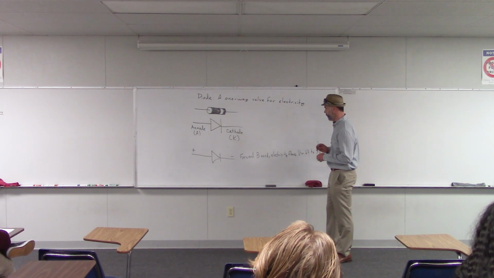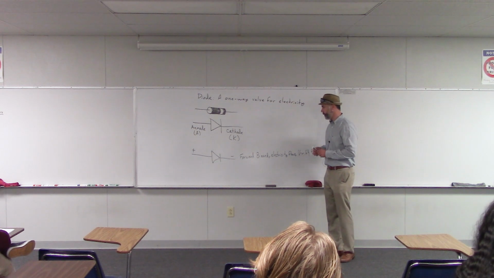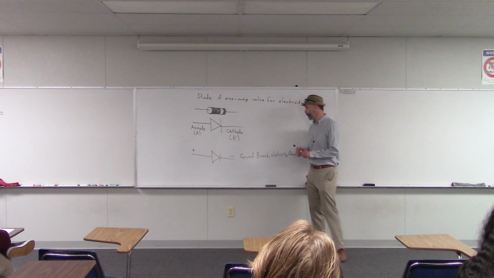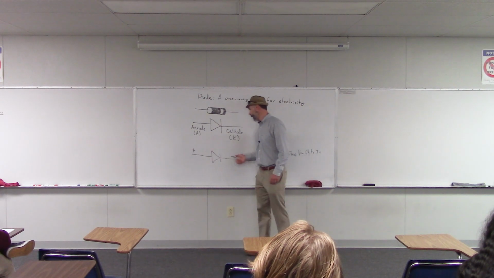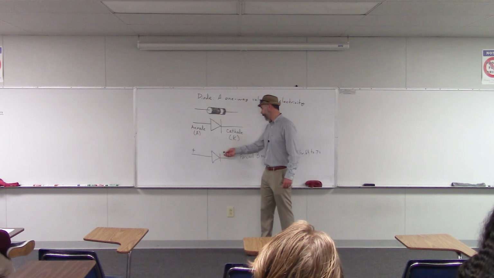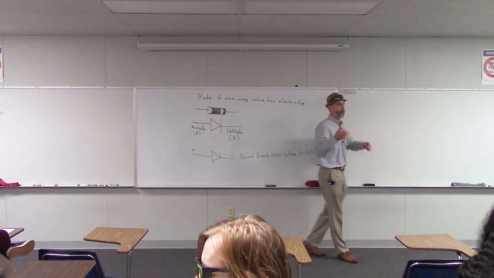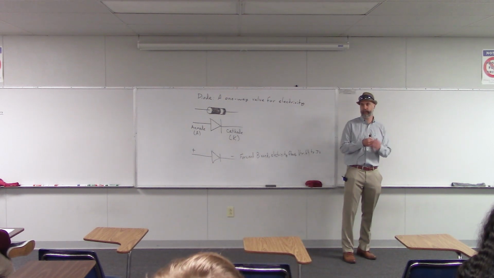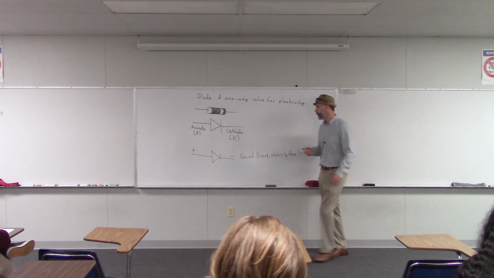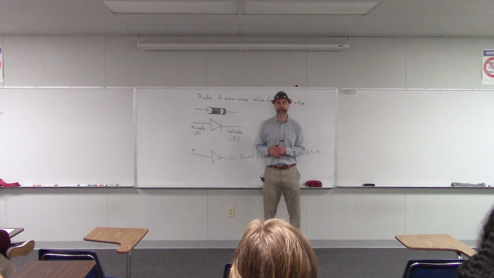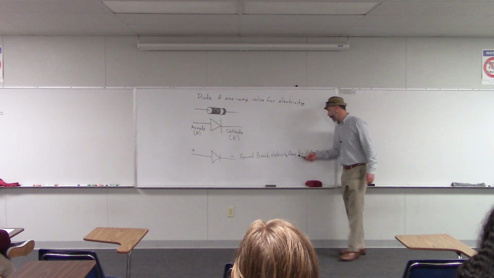Now this is different than resistors and other types of components that we've seen. Remember, with resistors, the more current is flowing through a resistor, the higher the voltage is. That's what Ohm's law says. Voltage is current times resistance. So as your current increases through a resistor, your voltage increases. But that's different here.